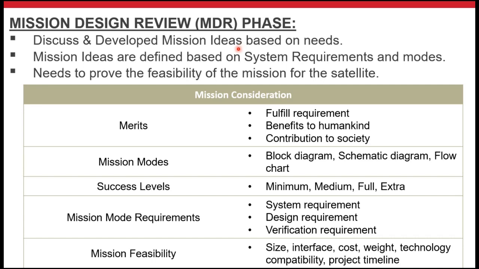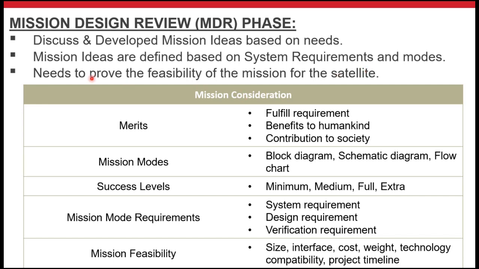Okay, so this is the definition of MDR, how you discuss and develop the mission idea based on your needs or based on the stakeholders' needs, for example. And then the mission idea must be defined based on the system requirement. Later, we will see what is the system requirement that we look into.